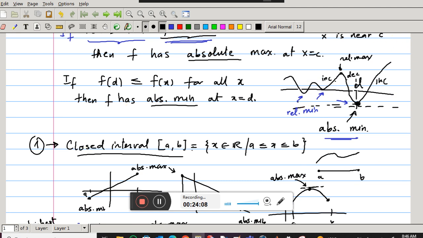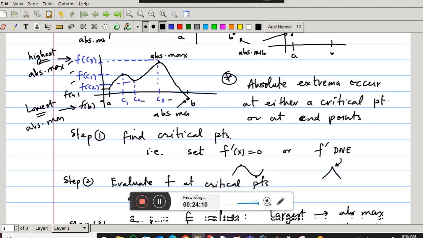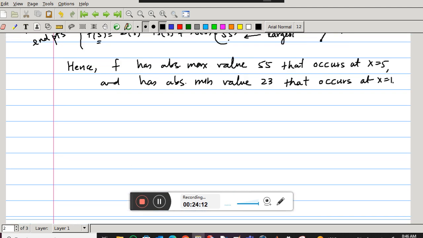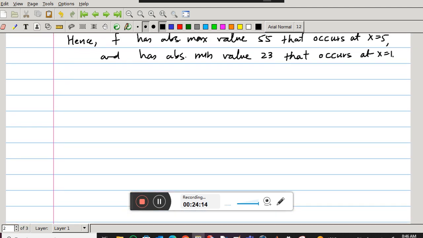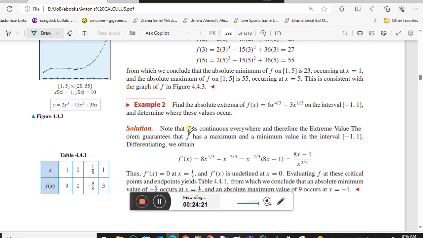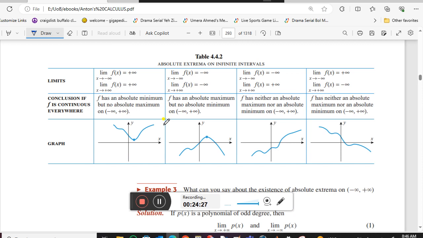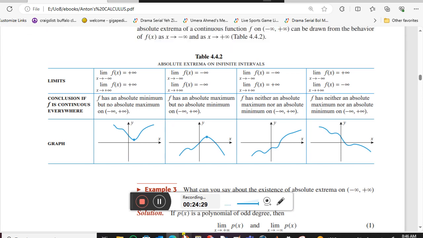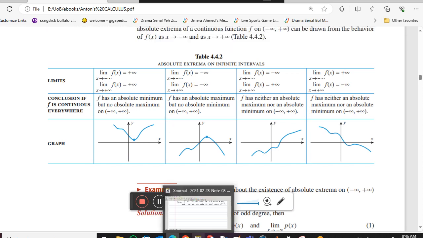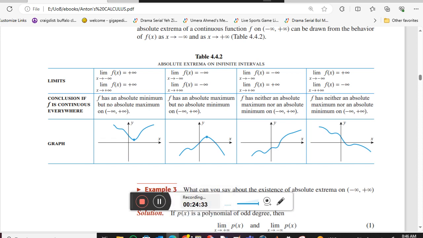If it is not a closed interval, or it is infinite, semi-infinite, or open intervals, then it's not that easy. Next, absolute extrema on infinite intervals. If the interval is infinite, we do not know what is happening because endpoints are not there.